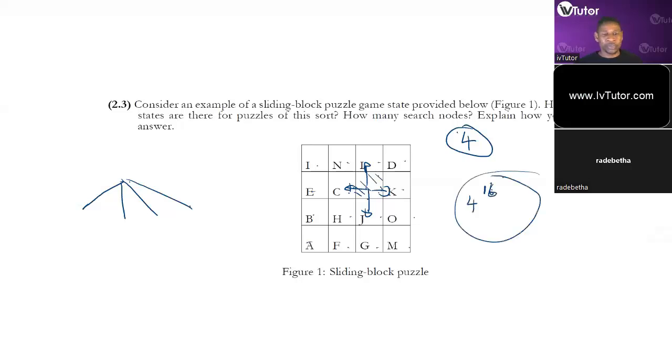And that's how many states you're going to have. And then at each stage, you're going to have 4 options for each one, right? So it's 4 to the power of 16, right? So that's how you answer that one.